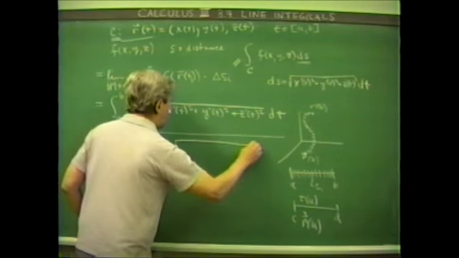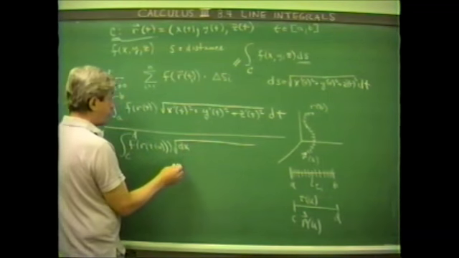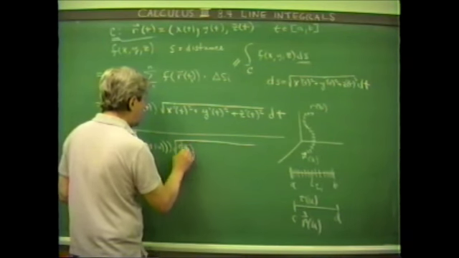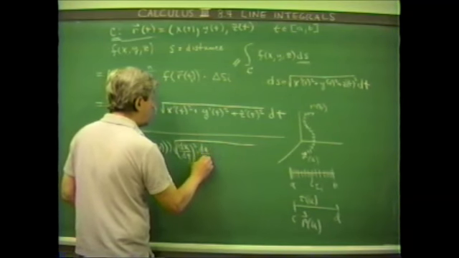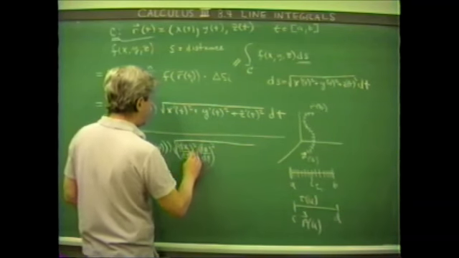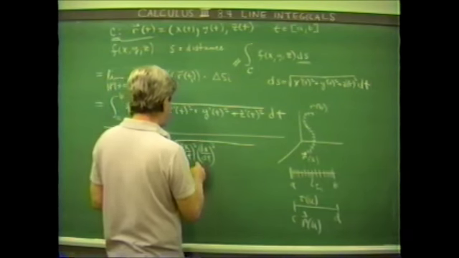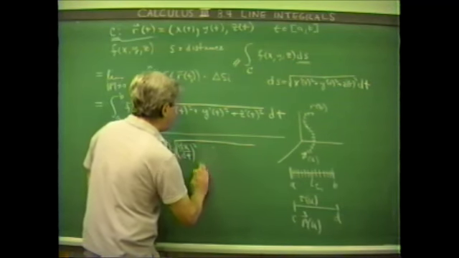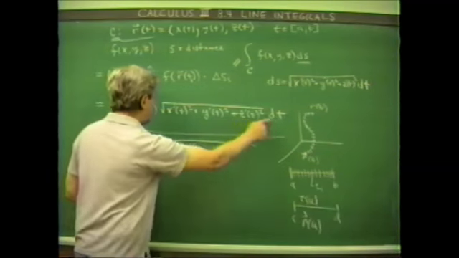square root dx du here is dx dt squared times du dt squared. This du dt squared is going to occur in each one of these here, and so consequently we can bring it out from under the square root.